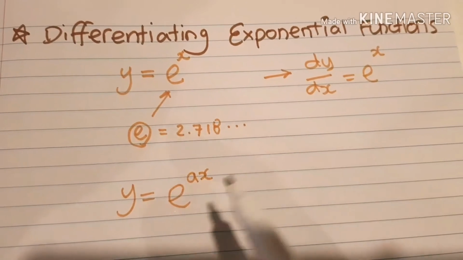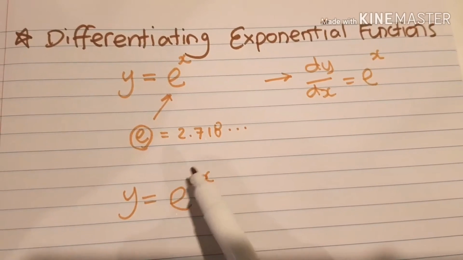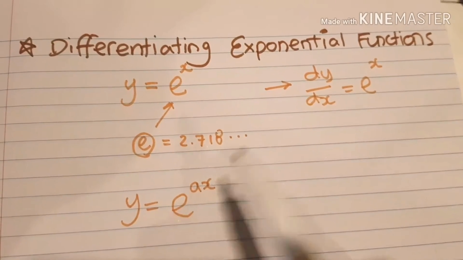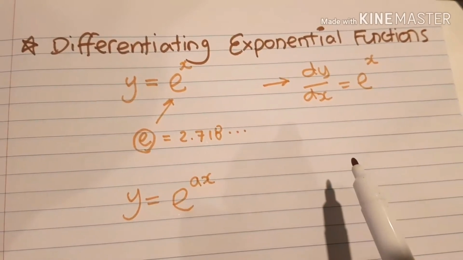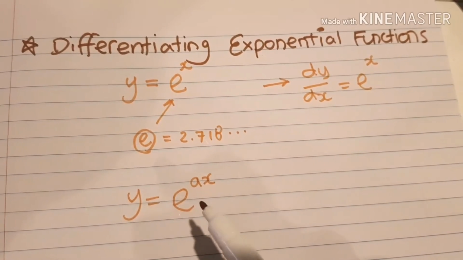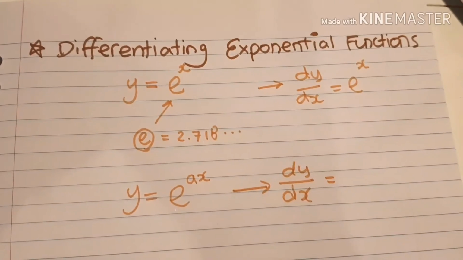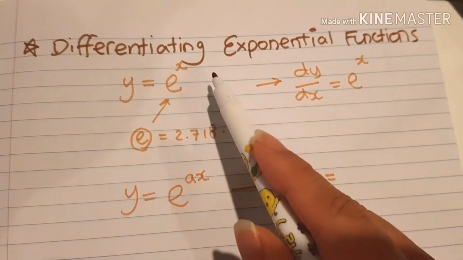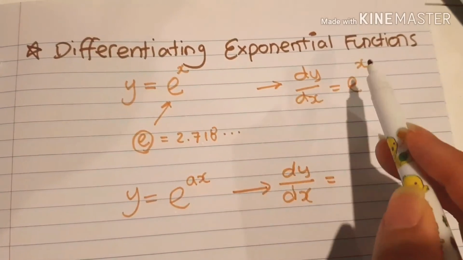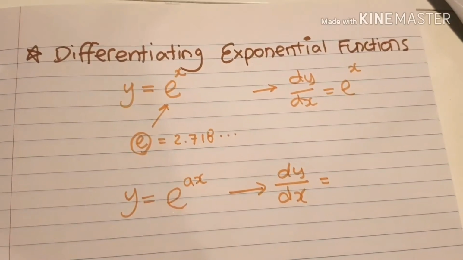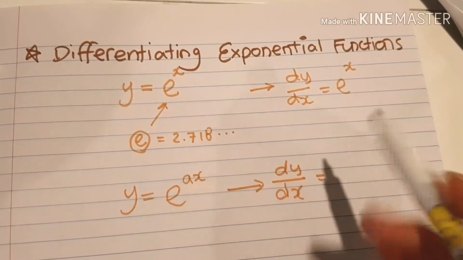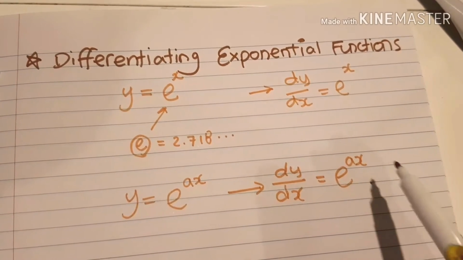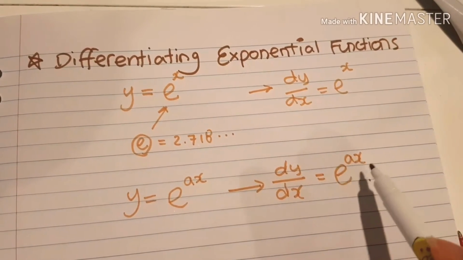But as soon as I have something in front of x, or if that becomes another function, then we have to use the chain rule that we learned in the previous lesson. Just like above, where e to the power of x stayed the same, for e to the power of ax I keep it the same, but I differentiate what's in the power.